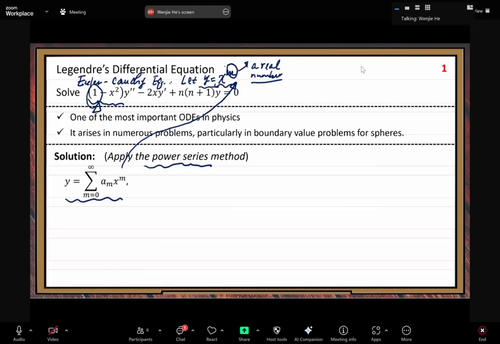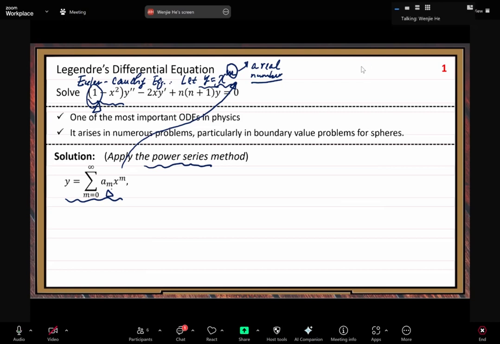M is the unknown parameter you need to determine. Here, let's look at how many unknown parameters we have. All these a coefficients are unknown parameters we can choose, so we have a lot of freedom to use to try to fit our current ODE.